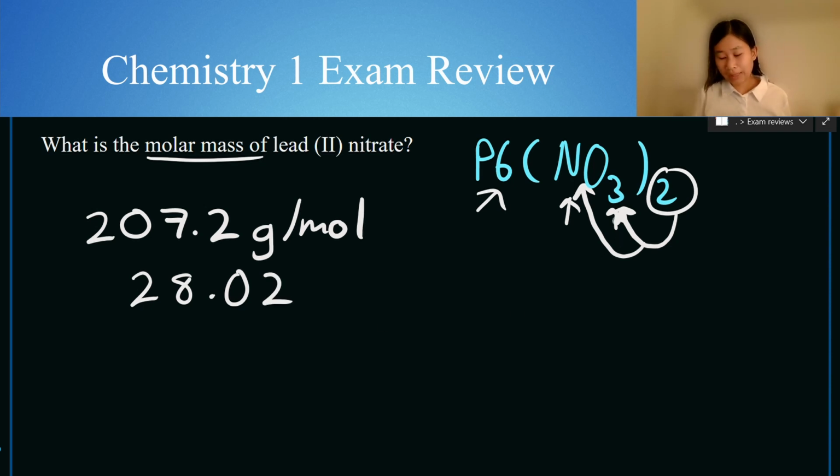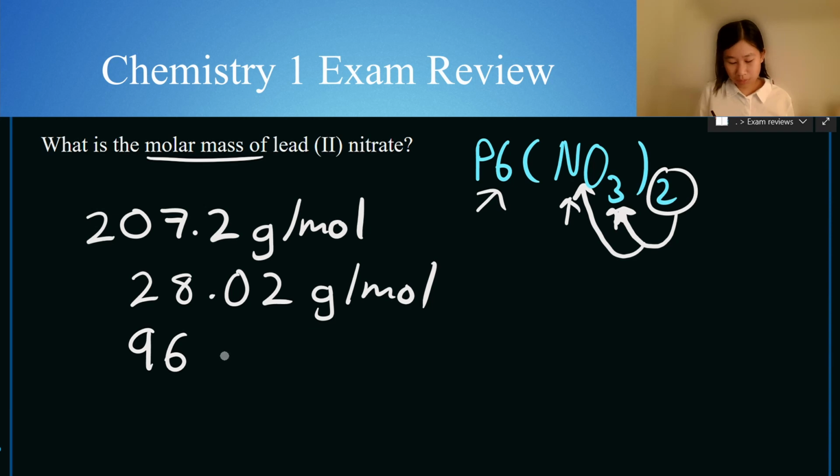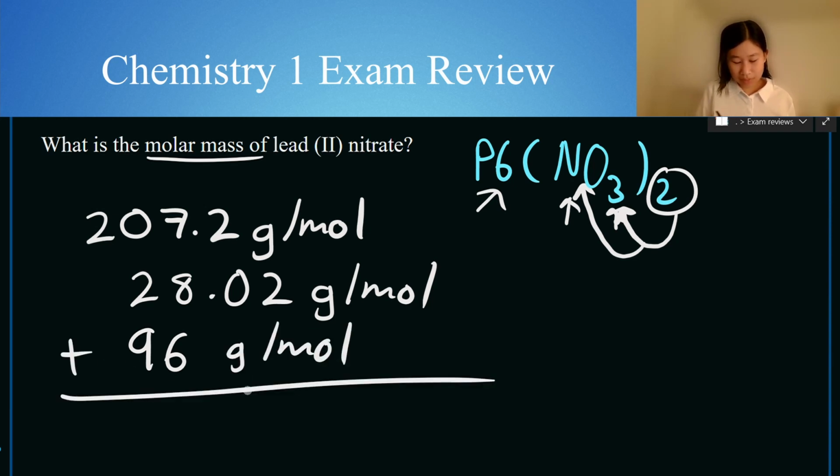And finally, we will add up the mass of the 6 oxygens, so 16 times 6, and that will give us 96 grams per mole. These are all in grams per mole. Then we add all of this up to get the total mass, or the molar mass, of lead 2 nitrate.